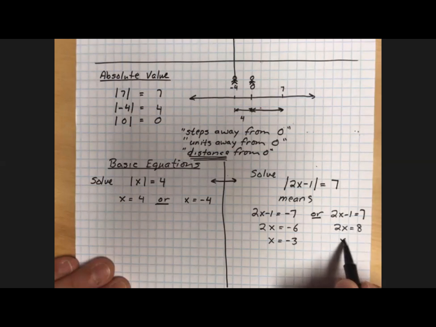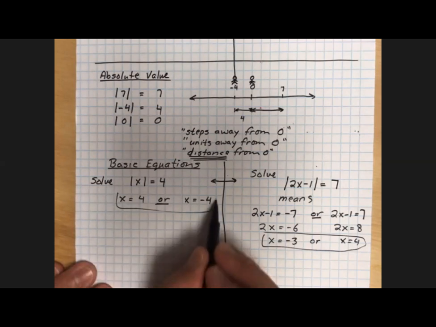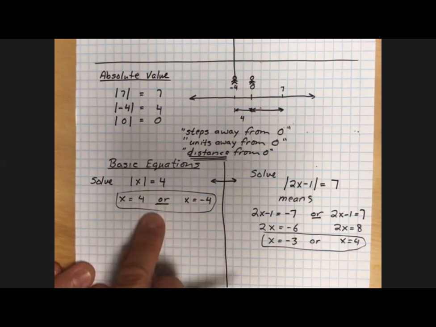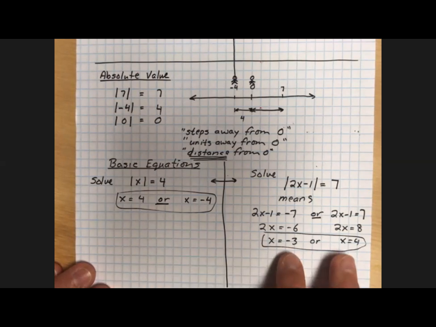Let's divide both sides by 2. And now, I want you to see that it's different. Over here, the answer was this beautiful symmetry, 4 and -4. Now here, I don't get the same number plus and minus. But I can check if it works.